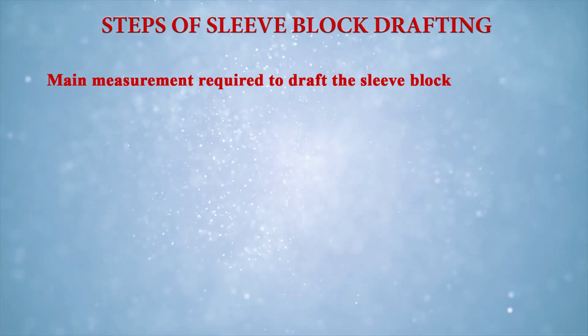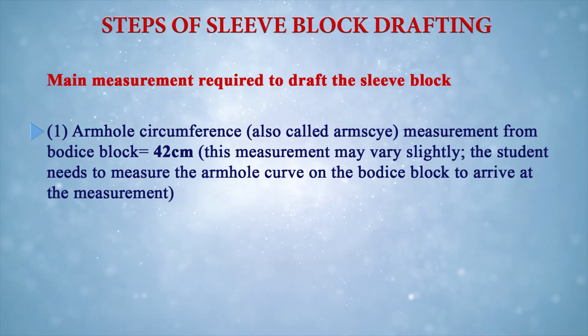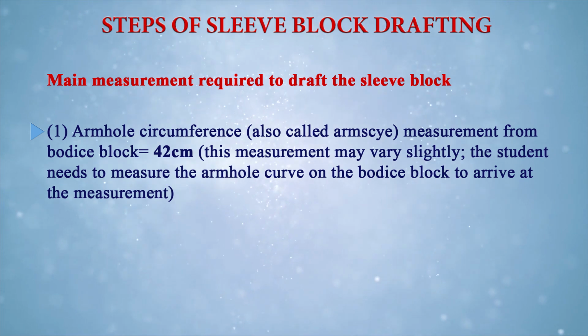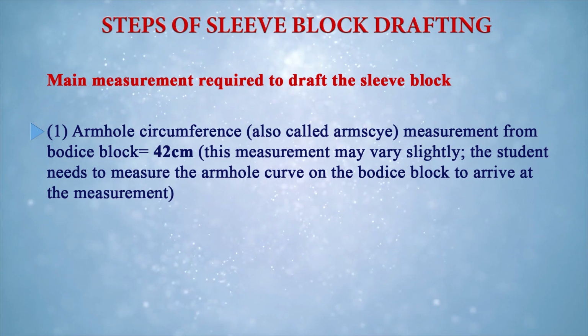So for developing a basic sleeve block, the main measurement we require to draft the sleeve block is the armhole circumference, which is also called the arm scale measurement from the Bodice block. It was taken as a 42 centimeter measurement.